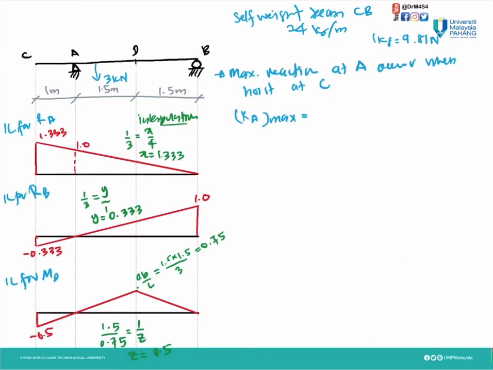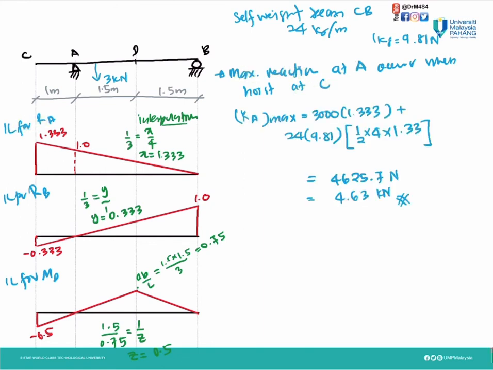Then we can find the maximum reaction at A when the dolly is at point C. So that is RA max. Refer to our influence line for RA. So 3000, the dolly weight, times 1.33 because the dolly is at C. Then we need to add the area of this triangle.